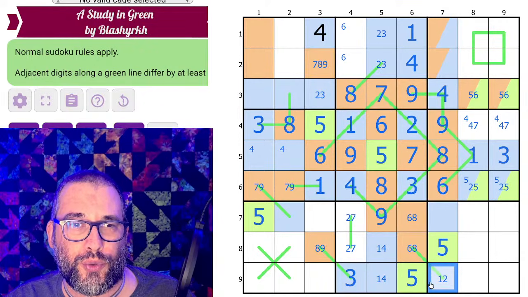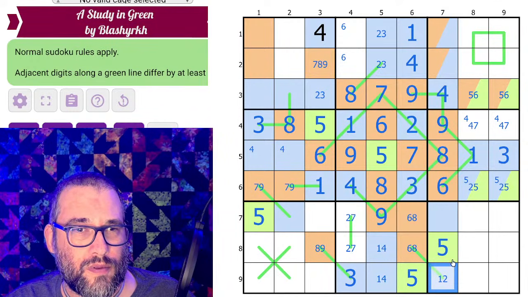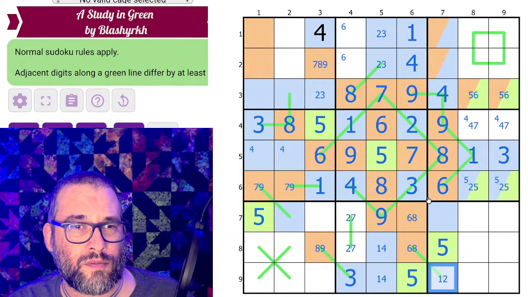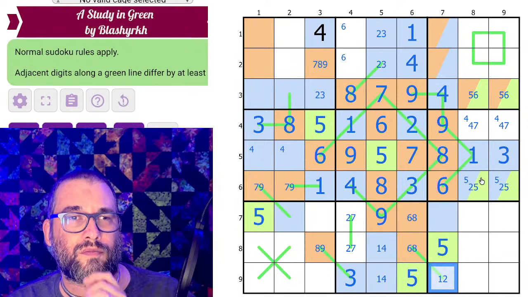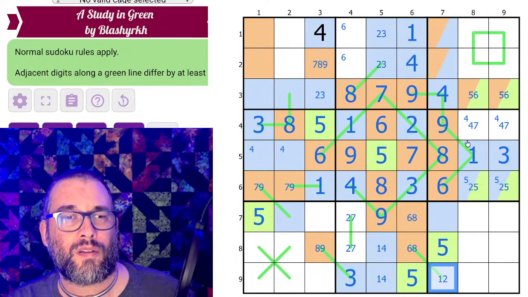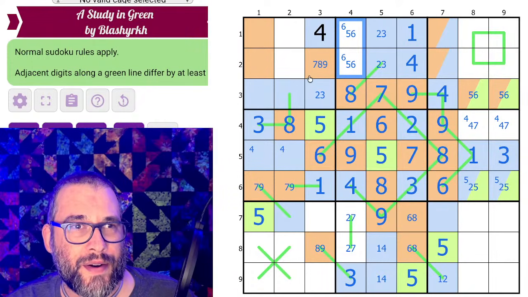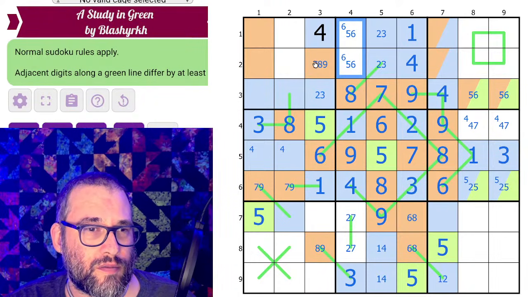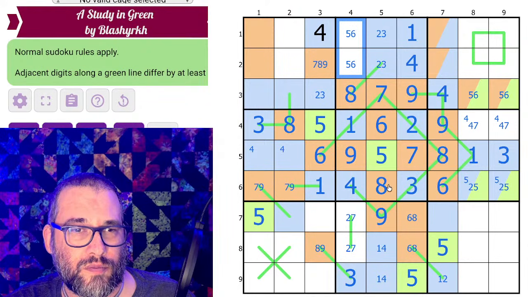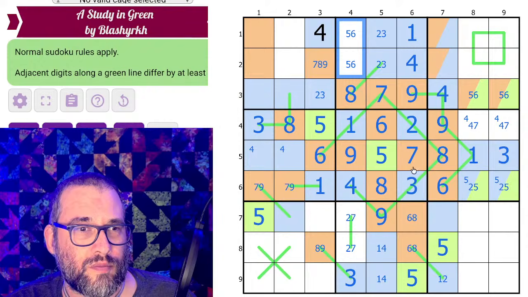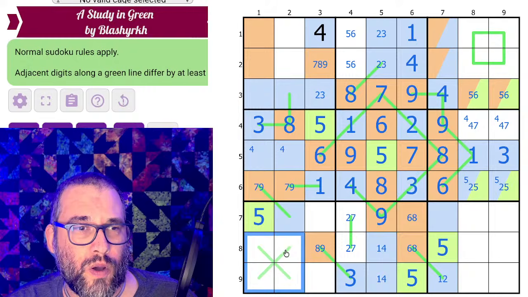It's a 1 or a 2. This is a 5-6 pair. The 1.